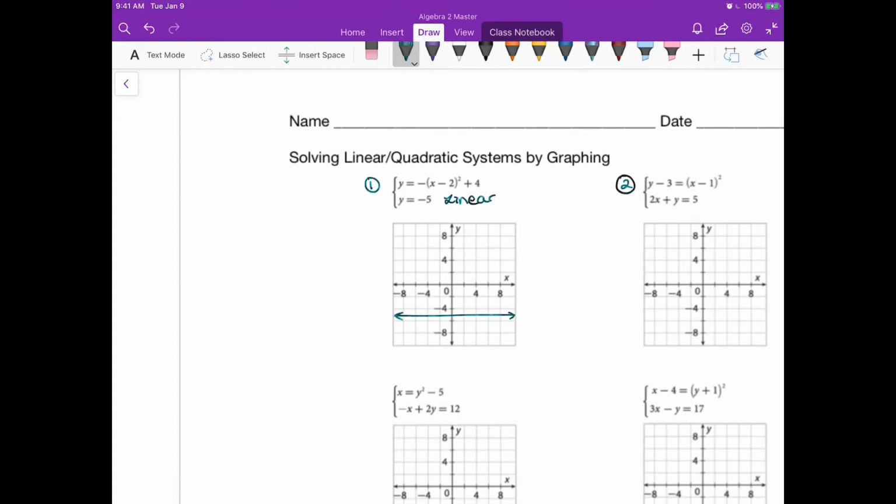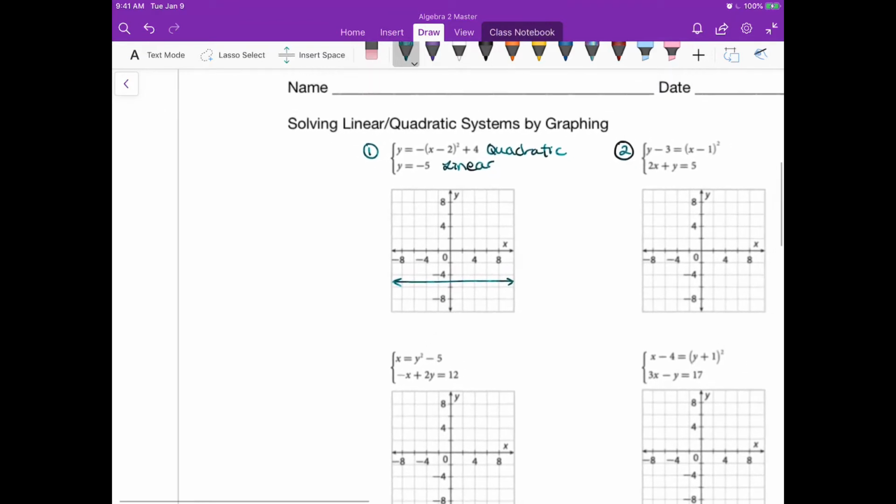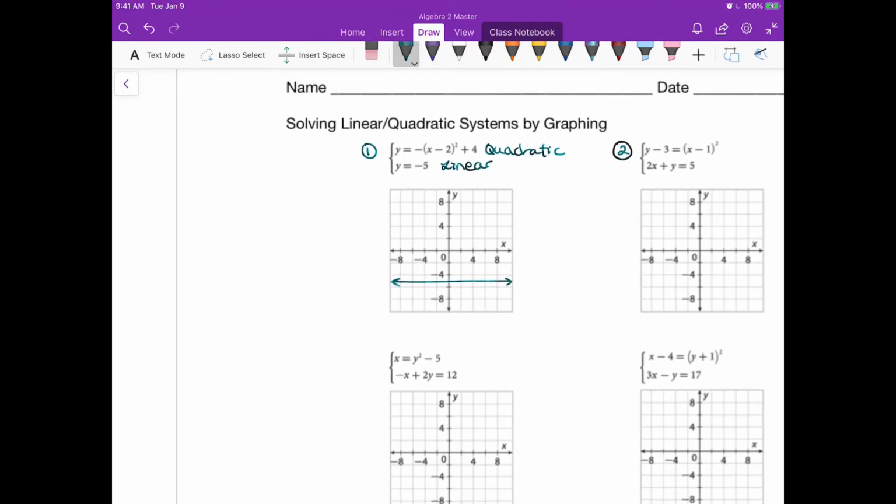And then negative (x minus 2) squared plus 4, there's a lot of things I can tell by this quadratic equation in vertex form. I can see that for the quadratic equation, the vertex is (2, 4).